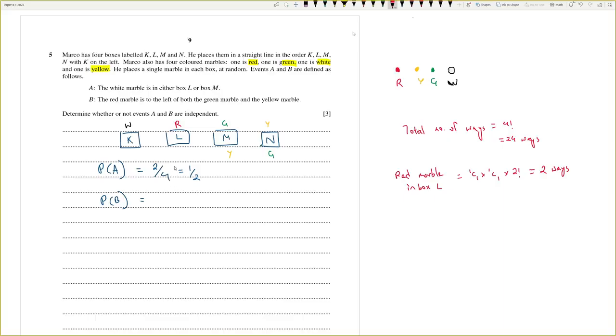If you want to go through the probability method, how do we do this? We place the white marble in box K, so that is 1 out of 4 boxes. Now I have 3 marbles left and 3 boxes, so I have to place the red marble inside box L. Let me show it this way: white marble in box K, red marble in box L, and the other 2 marbles, green and yellow, in the last 2.